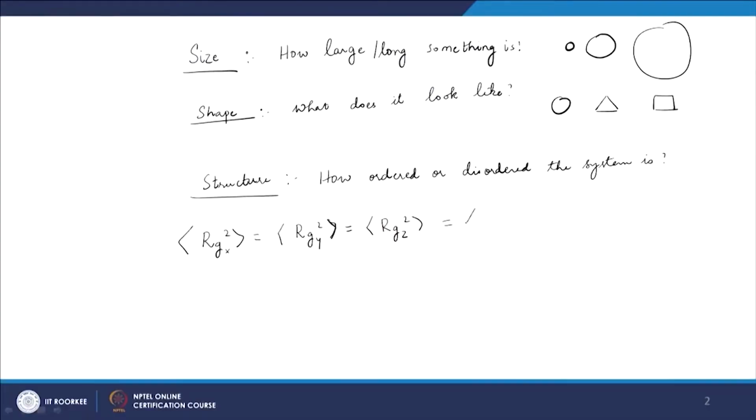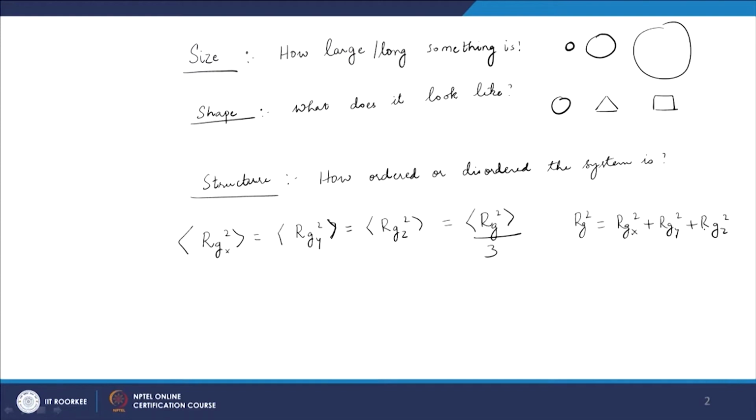But if I take an ensemble average of the squares of all of them, they have to be equal, and in fact should be equal to the Rg square in total divided by 3, because we know that Rg square is Rgx square plus Rgy square plus Rgz square.